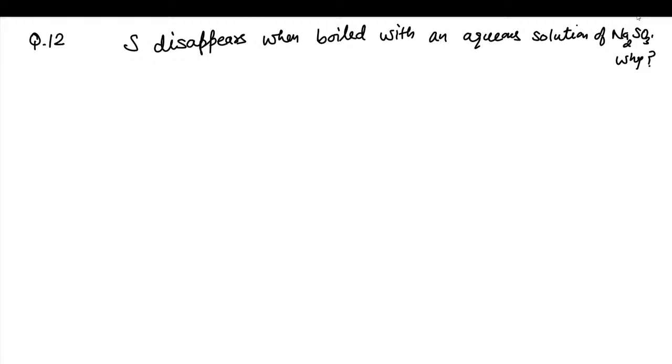Yes, this is a very important question. Sulfur disappears when boiled with an aqueous solution of sodium sulfite. What is the reason? What happens actually when sulfur reacts with sodium sulfite? Sulfur reacts with sodium sulfite to form sodium thiosulfate.